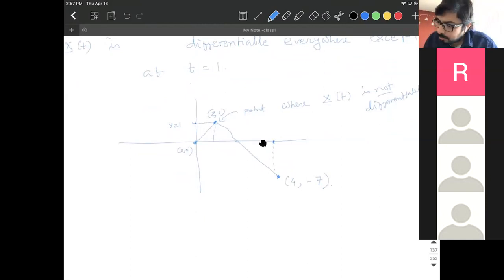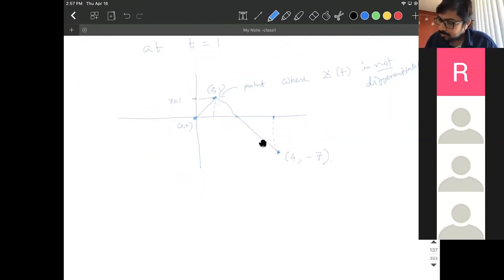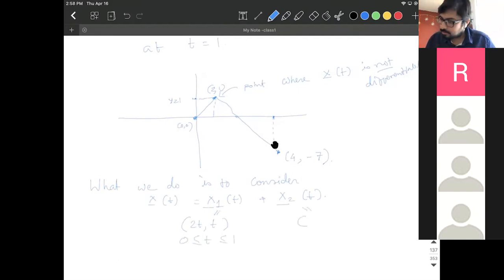So what we do is to consider x(t) as x1(t) plus x2(t), where x1(t) is defined by (2t, t) for t between 0 and 1, and x2(t) is defined by the other component.